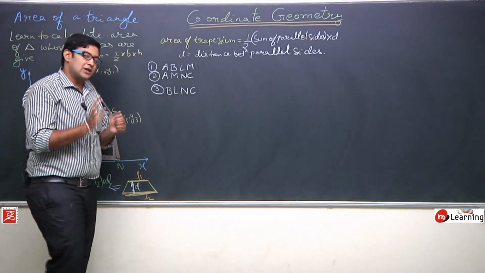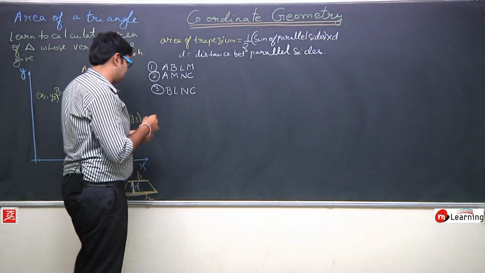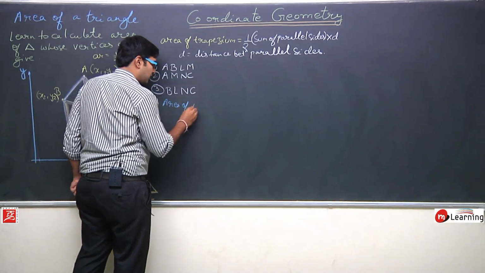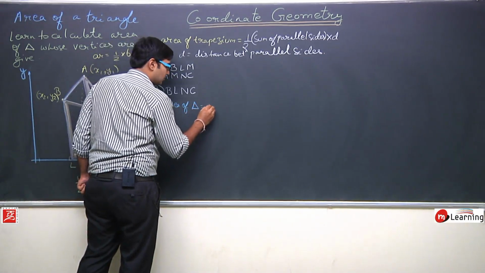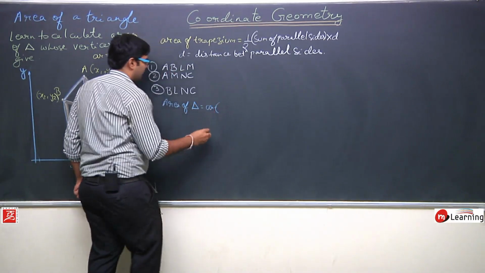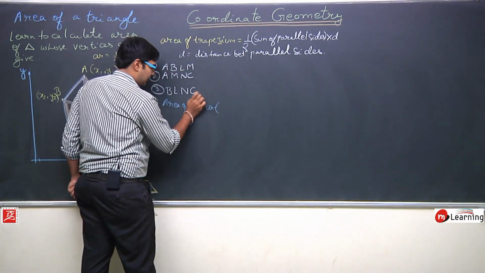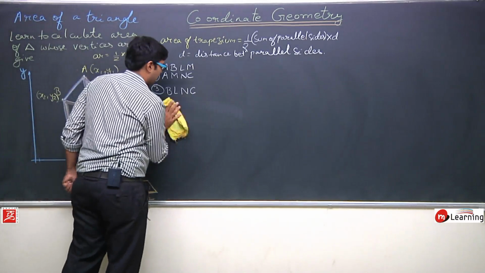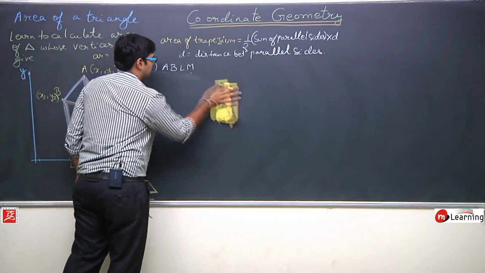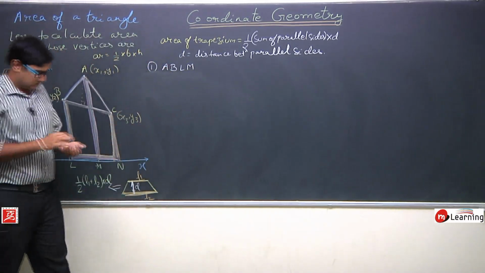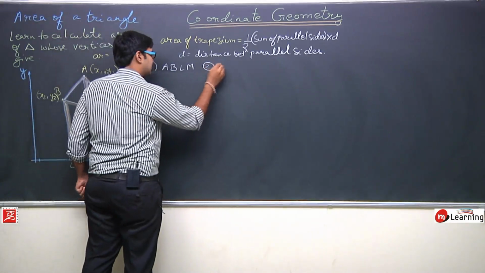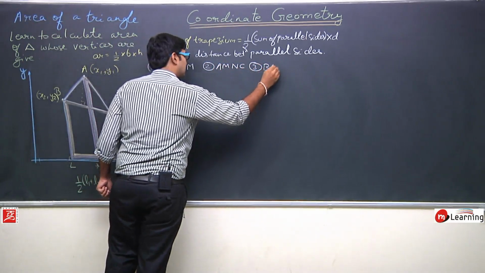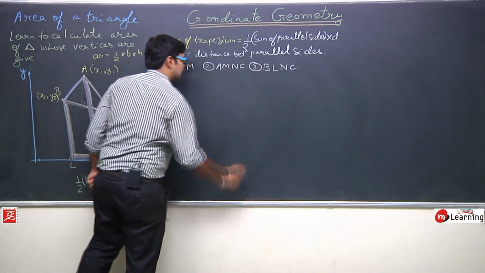Now, from a simple observation, I can write that area of triangle ABC is equal to the following. The second trapezium was AMNC, and the third trapezium was BLNC.